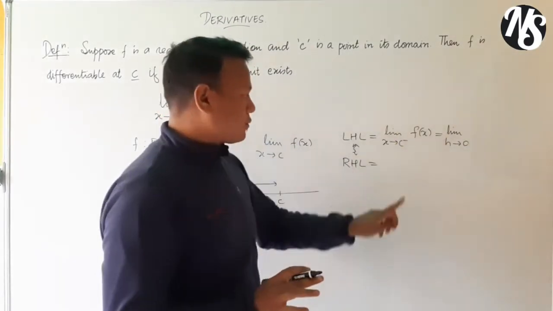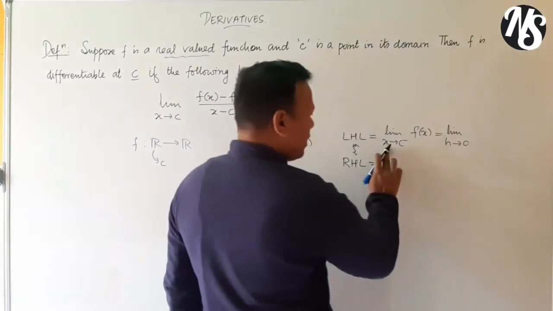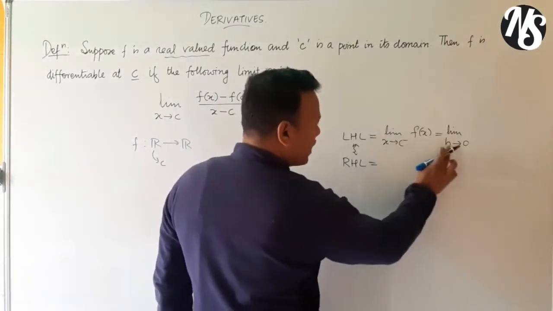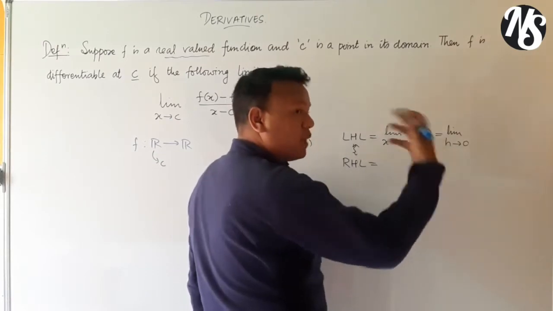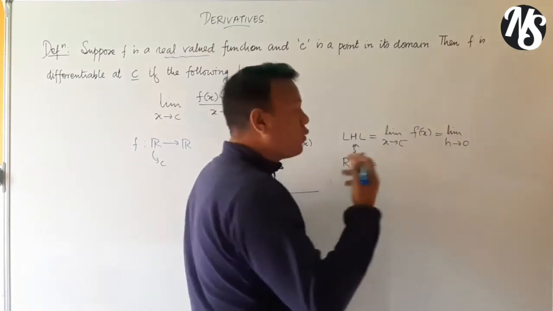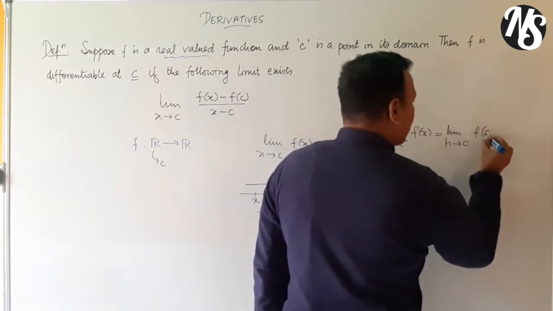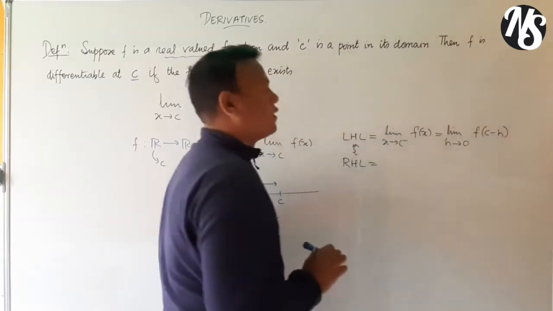Now see here, I have replaced x with h, so here also this x has to be replaced. Now how are you going to replace it? You have to replace it in this way.